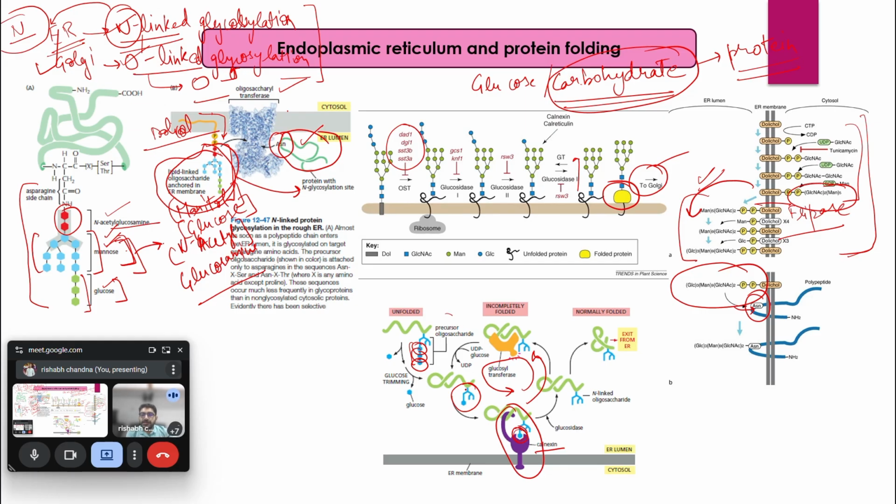Once the protein has only one glucose molecule left on the oligosaccharide, it seems to be a perfectly folded protein.